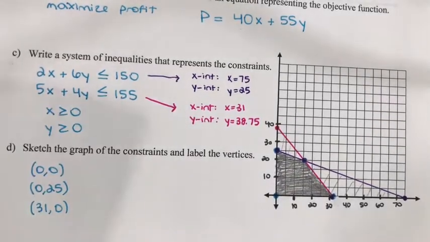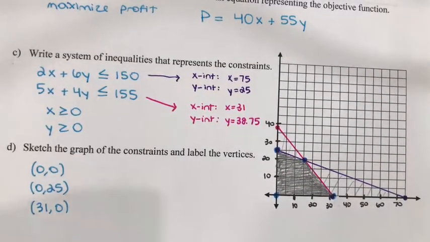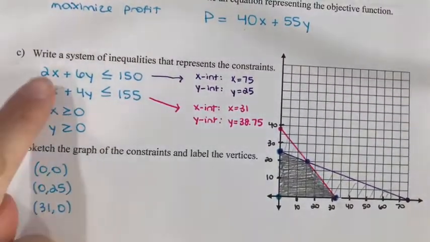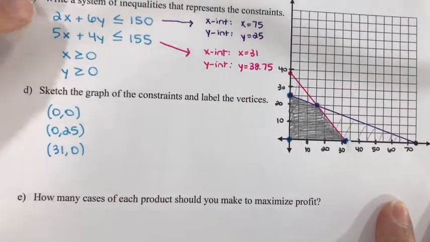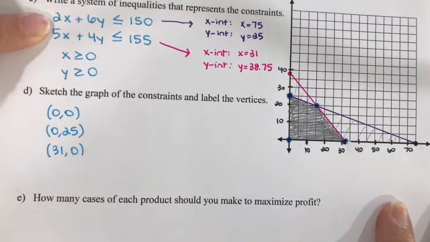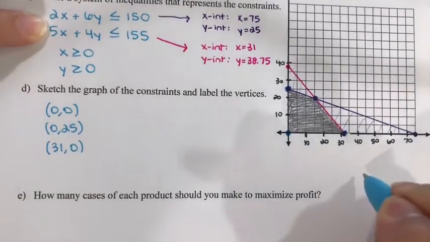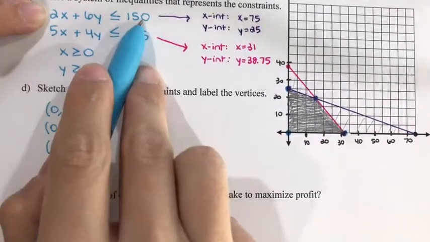So I'm going to use my calculator here. The first thing we have to start with, I'm going to do the work right below. I want to get both of these equations into slope-intercept form. I'm going to start with the first one. I'm going to move the 2x over.